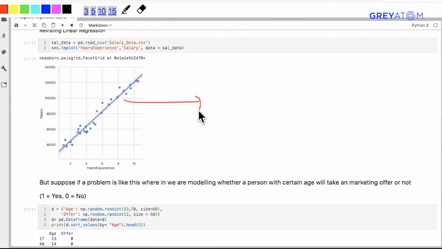You fit a best fit line which has the minimum error possible. By error, I mean the difference between the actual and the predicted values.